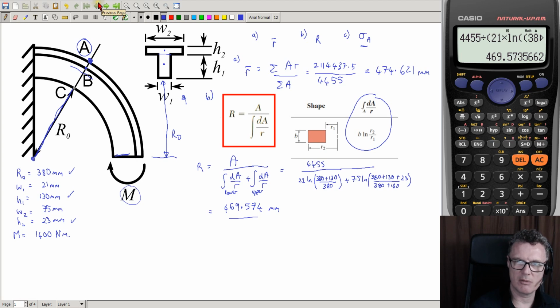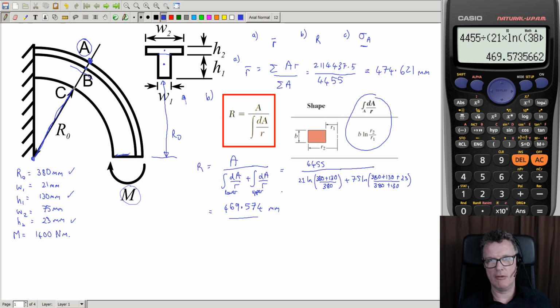So I've just been talking a lot of nonsense. Centroid is further away than the radius of curvature. I got it wrong. What can I say?